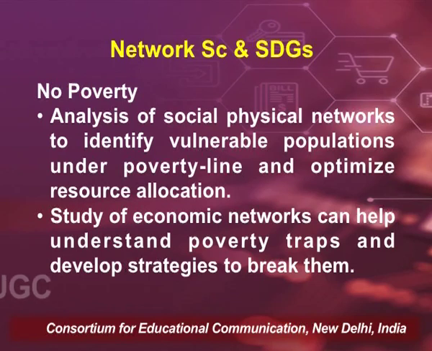Can we allocate to them, can we reach them through different channels, and hence the problem of poverty can be addressed. Next is the economic networks. In the economic networks, there are certain poverty traps. So if we analyze such networks, we can identify those traps and try to develop strategies to break them.